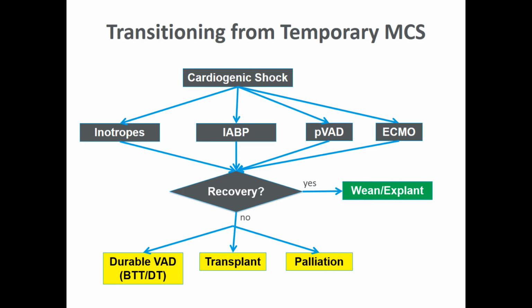In those cases, the question is, what is the next step? The options now include use of durable ventricular assist devices for patients with primary cardiogenic shock. These are either as a bridge to cardiac transplant or destination therapy, direct to transplant strategies, for example, from VA ECMO if a donor can be identified, or palliation for patients who don't have a durable or long-term support option.